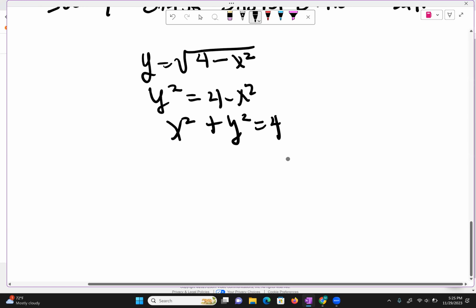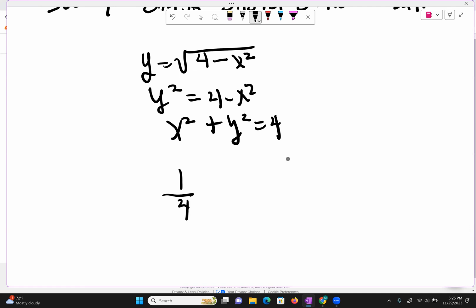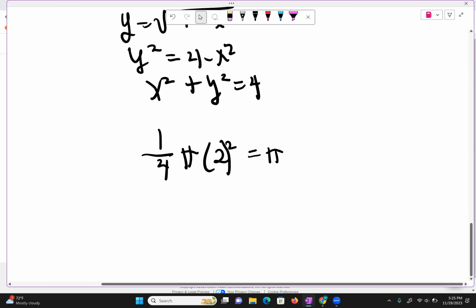And so if you look at this value, you can actually argue that 1/4 of pi times 2 squared would be equivalent to pi, which is about 3.14. So it says the limit as the number of triangles increase without bound, the sum of the areas of these rectangles get closer and closer to the actual value of the region of pi.